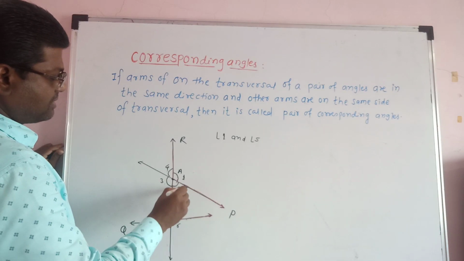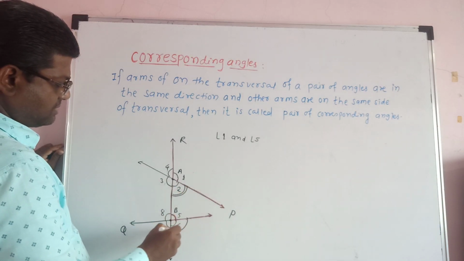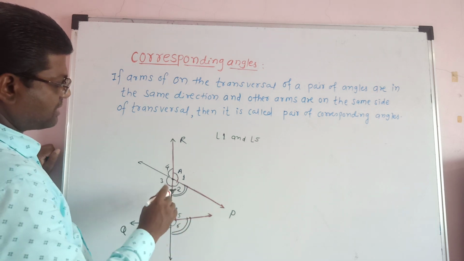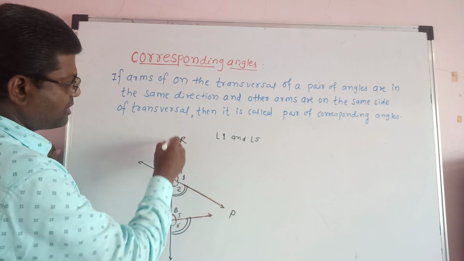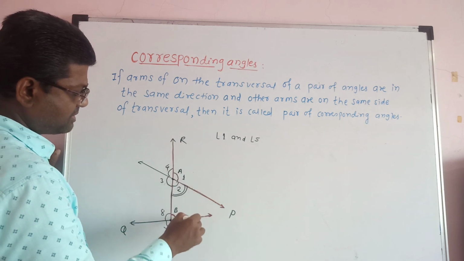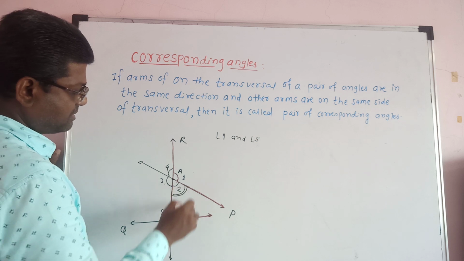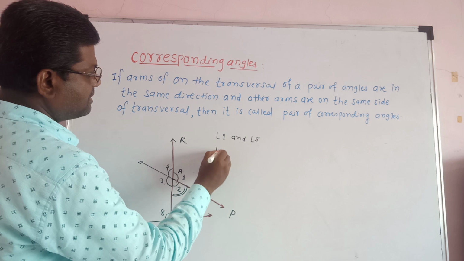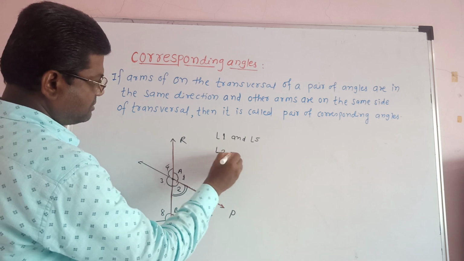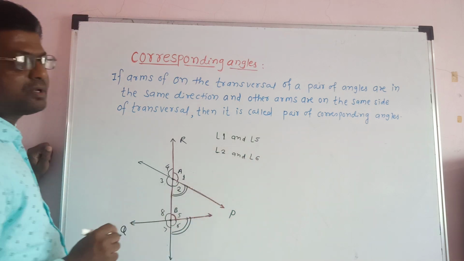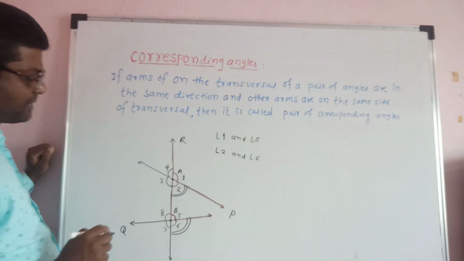Similarly, angle 2 and angle 6 are the angles which are on the same side of this transversal and also on the same side of the lines, in the downward side. So this pair, angle 2 and angle 6, is also a corresponding angles pair.